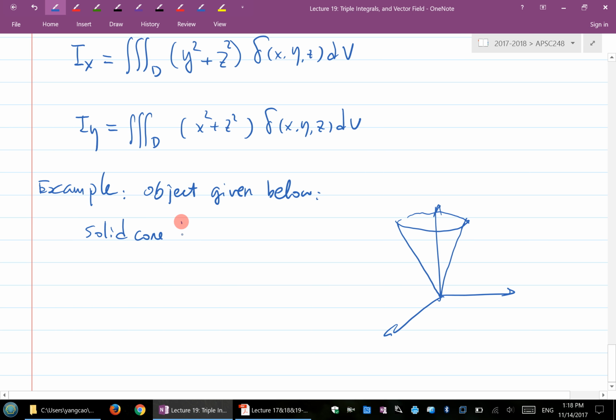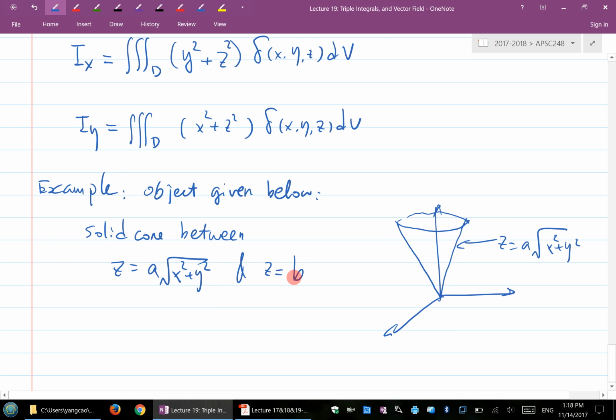The cone is given by z equal to a times the square root of x squared plus y squared. And then the cone is capped by a plane on the top, z equal to b. So it's cut off by the top plane. In other words, the top coordinate here is b.